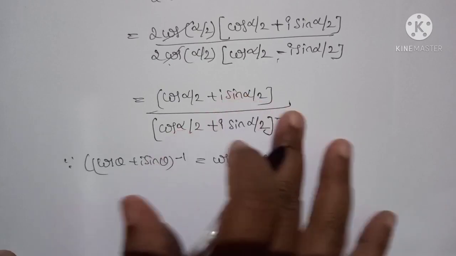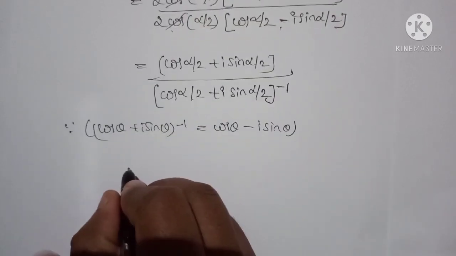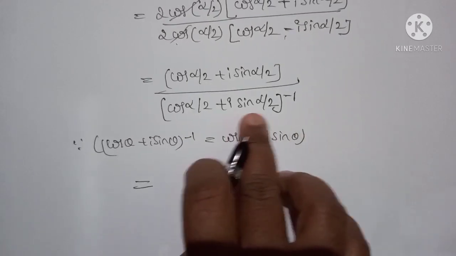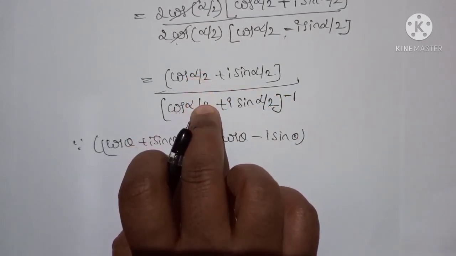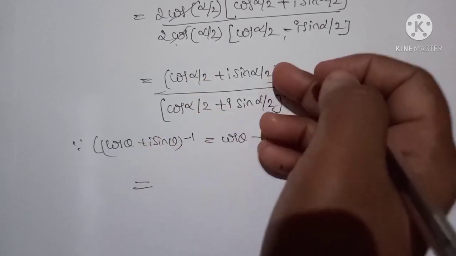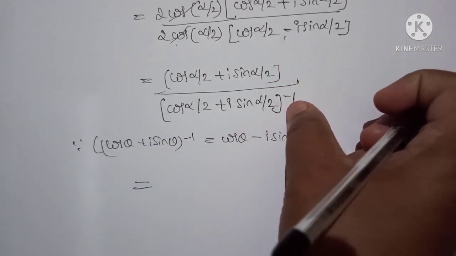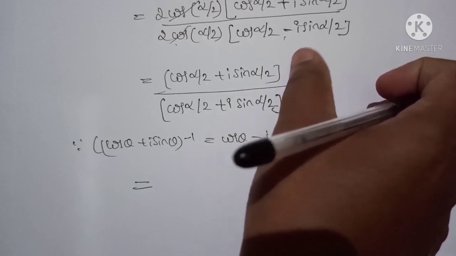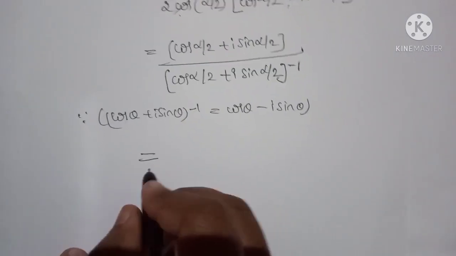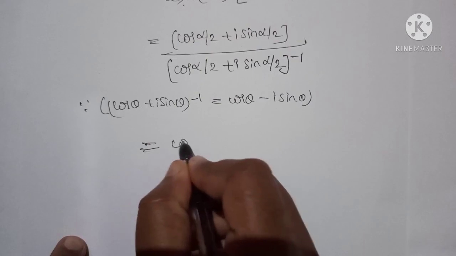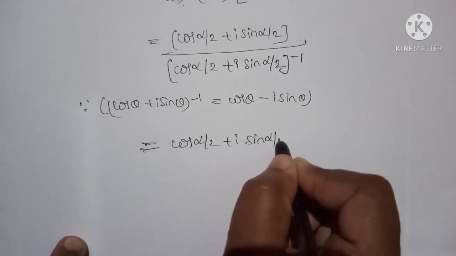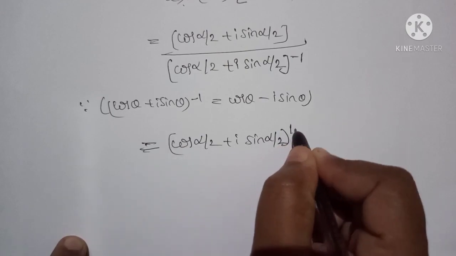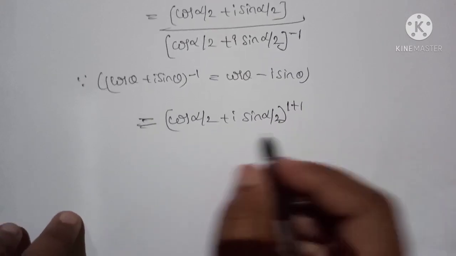Now you can observe why I have taken this form: both the angles are the same, so the bases are the same, therefore the powers can be added. If you take this to the numerator, the power becomes 1 plus 1, so we get cos alpha by 2 plus I sin alpha by 2 power 1 plus 1, which equals 2.